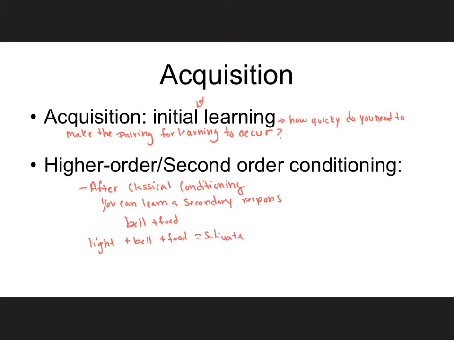And what will eventually happen is the Bell will cause the individual to salivate, as will the light. And that is higher order or secondary conditioning, because you not just train them to respond to the bell, but the light as well.